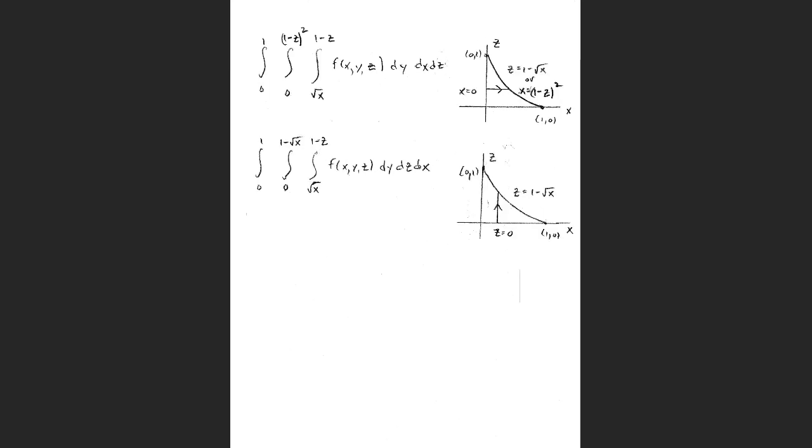So that's why you can say z equals 1 minus root x, or x equals 1 minus z squared. And then, of course, if you do dy dz dx, you're going to get the triple integral that you see here.